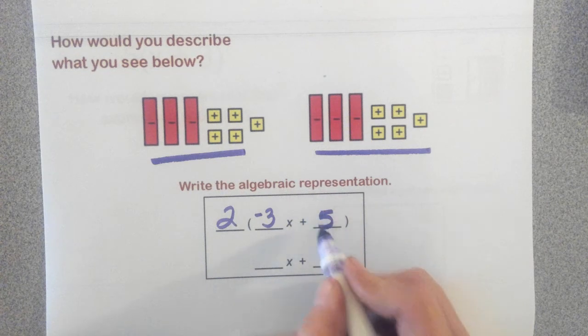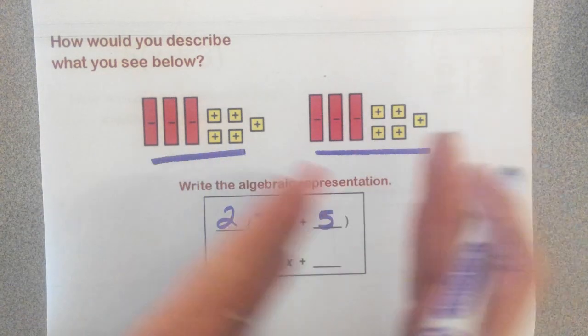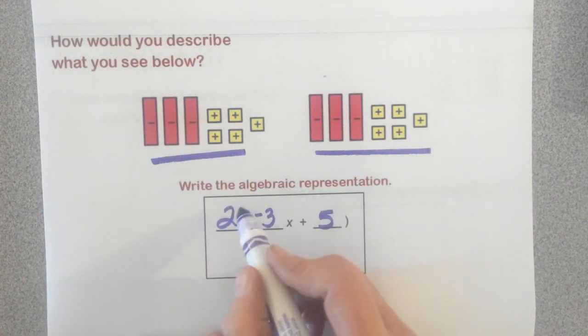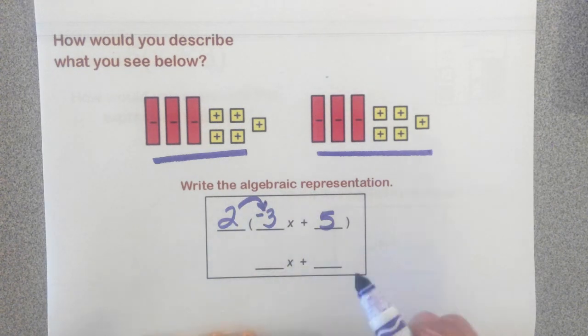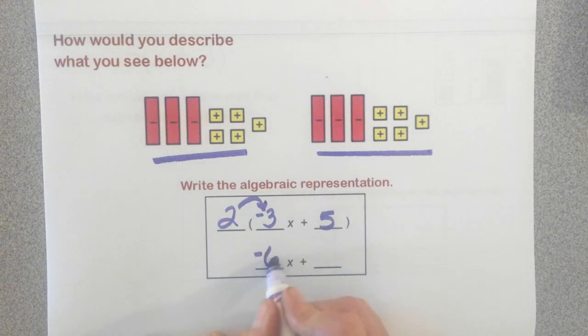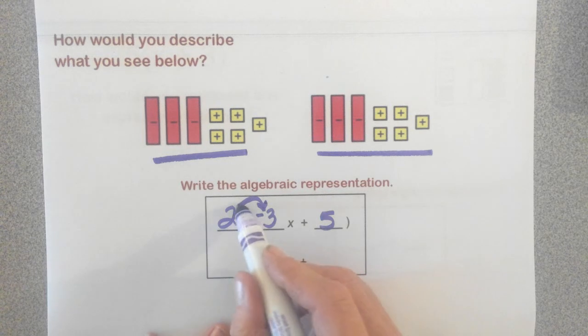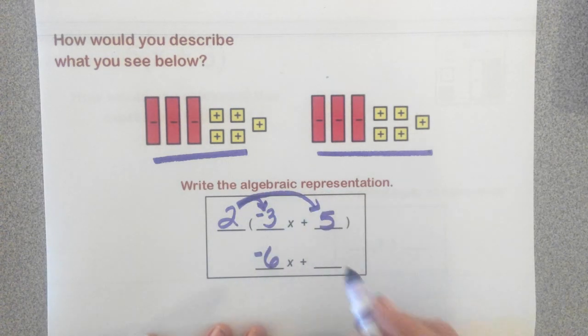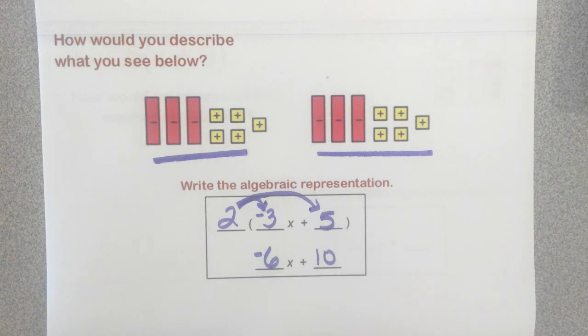There are 5 positive tiles. So both groups together, 2 times negative 3x gives me negative 6x, and 2 times 5 gives me 10. So all together, we have negative 6x plus 10.